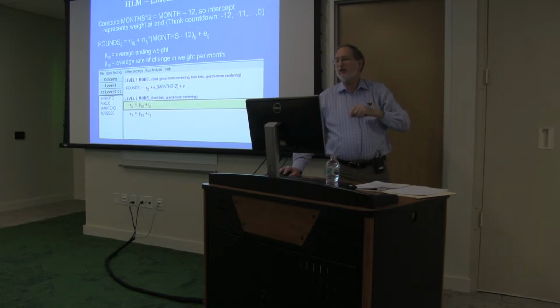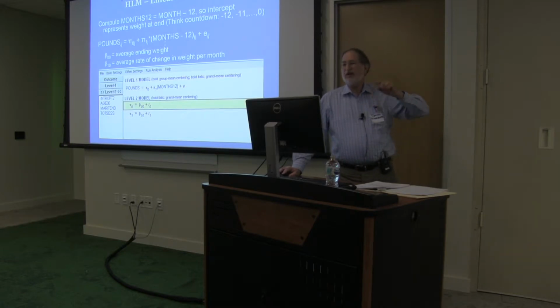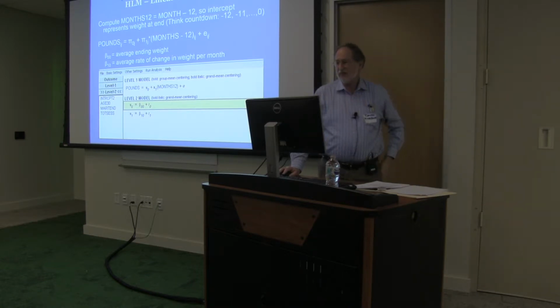If you put a 12 in here, 12 minus 12 is 0, that cancels out, and this is the prediction for 12 months. The other values are 0, minus 1, minus 2, minus 3, going back to the beginning of the study, which is how many months you are before the end of the treatment.